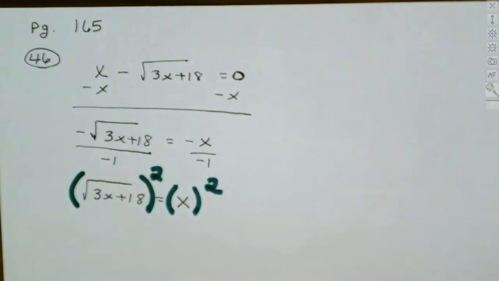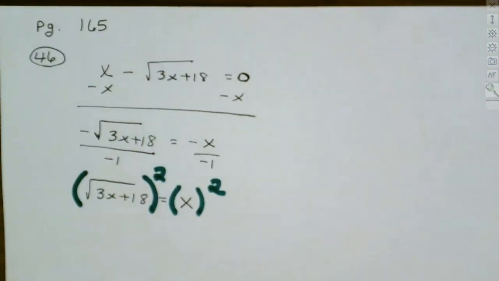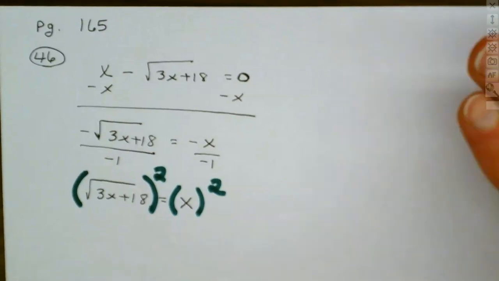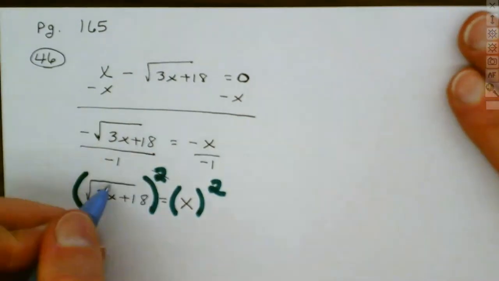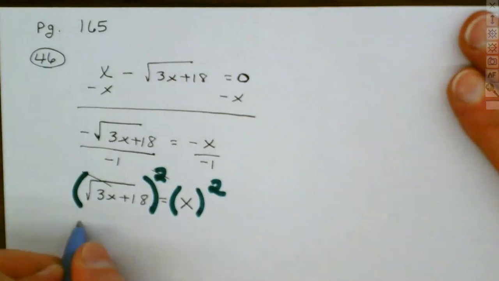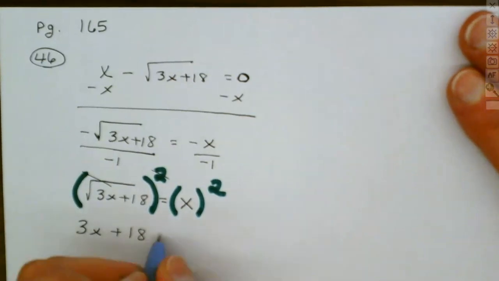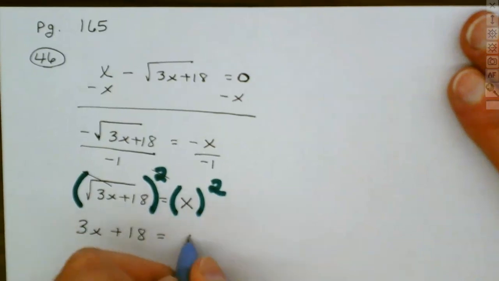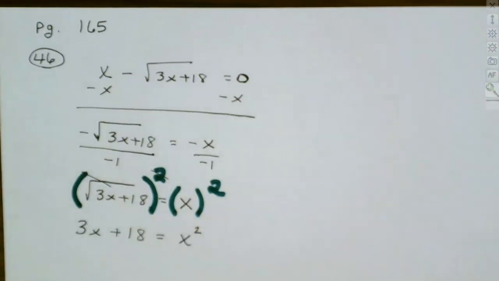Now when you square a square root, it's going to go away. So it's going to cancel out. So the square and the square root are gone. And that leaves you with a 3x plus 18. And the right-hand side is an x squared. So that's what we've got here.